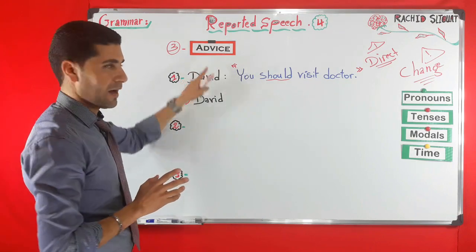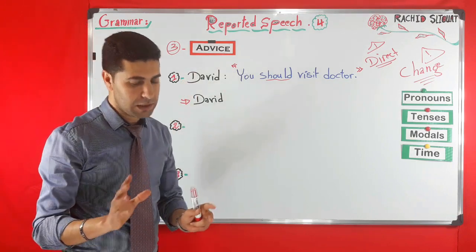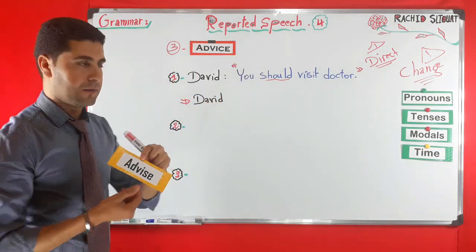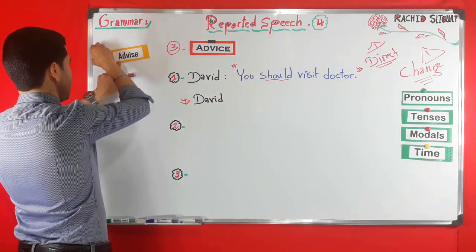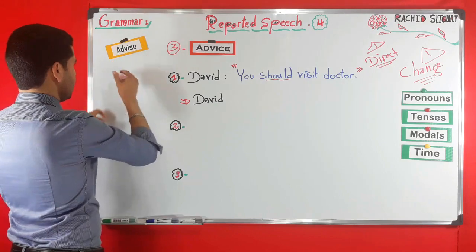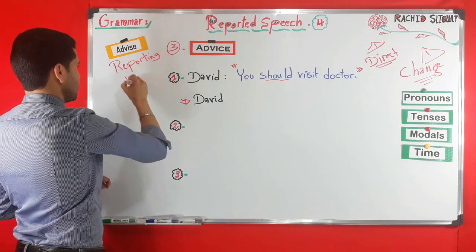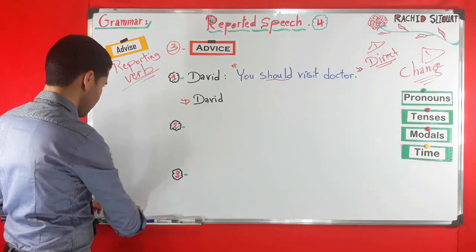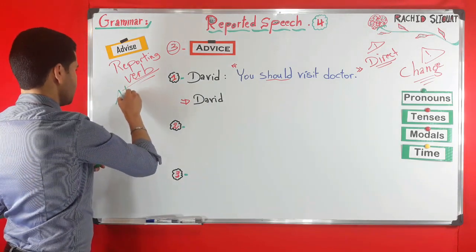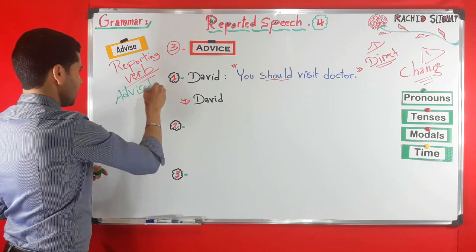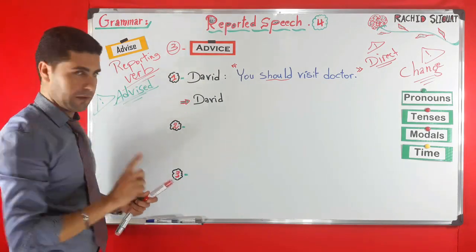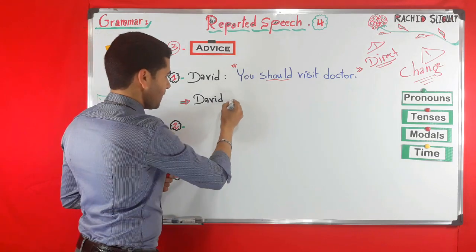Now here we have advice, and very simply the reporting verb is advise. Advise in the past is advised. So David advised.